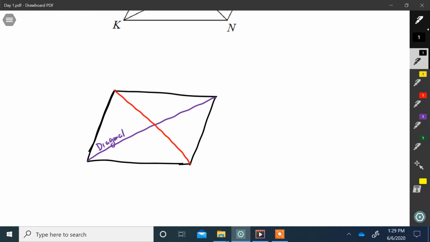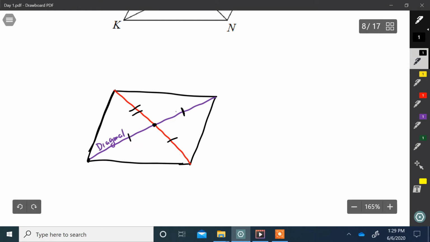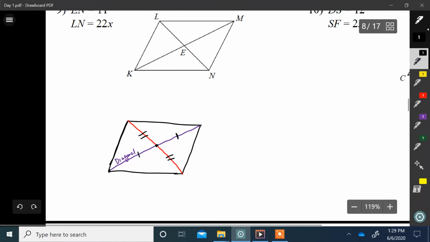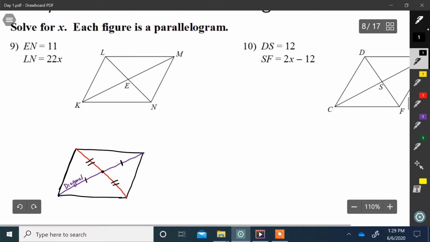What's going to happen here is that this section from here to there is going to be congruent to that right there, and this is going to be congruent to that. So let's see if we can use that to our advantage.